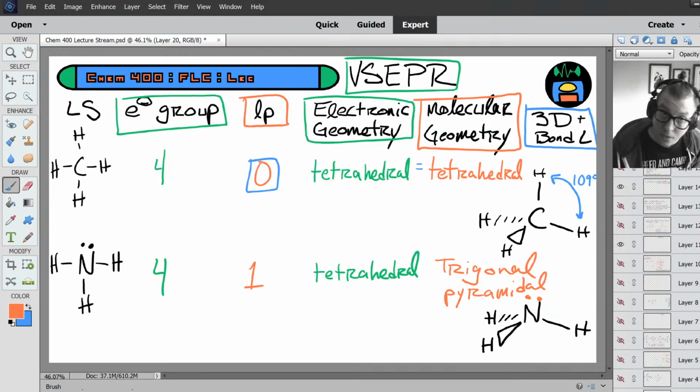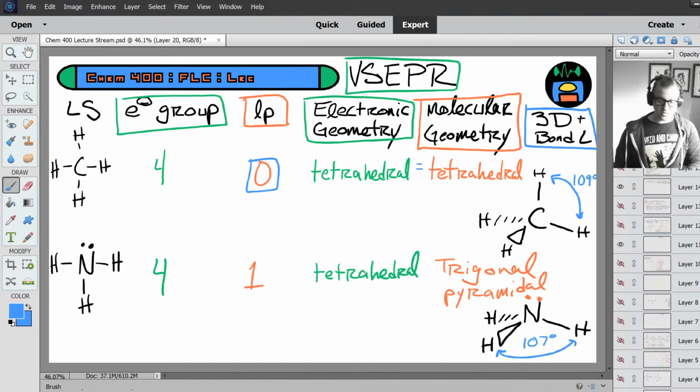Now, we've already seen what happened with trigonal planar. Once we added a lone pair, it pinched our bond angle down by 2 degrees. The same thing is going to happen here. A pure tetrahedron has bond angles of 109 degrees. So a trigonal pyramidal molecule will have a bond angle that is just slightly constricted 2 degrees.